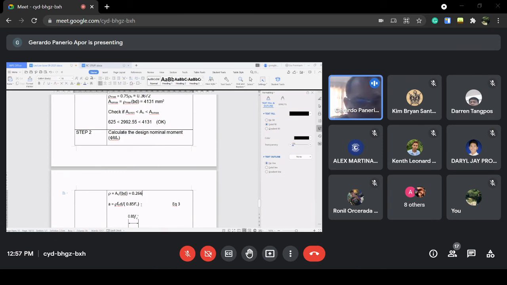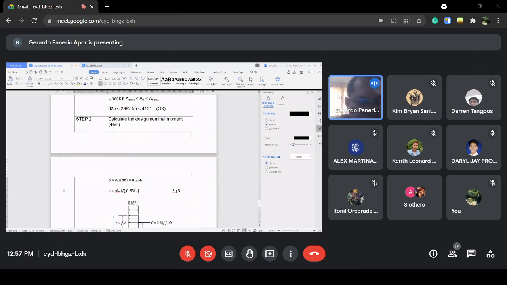Okay, I can even calculate my A. My A is equal to 2992.55 divided by 250 divided by 450.266.